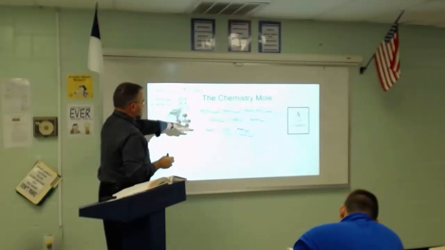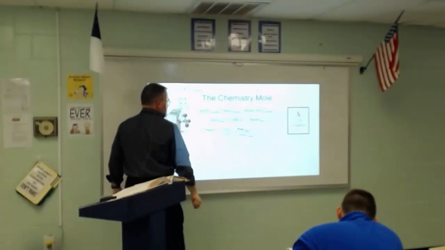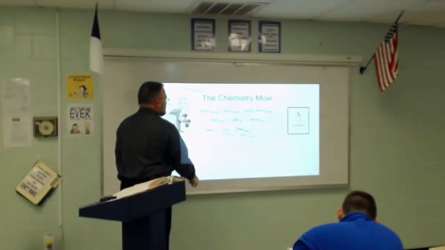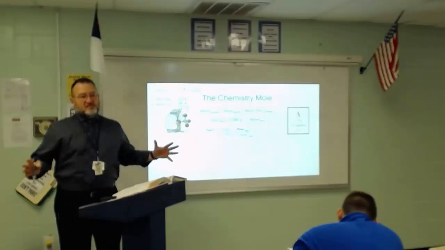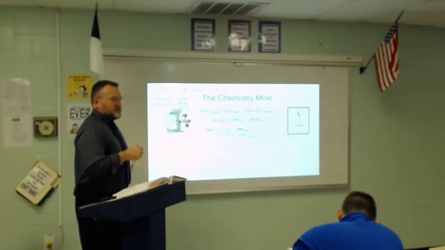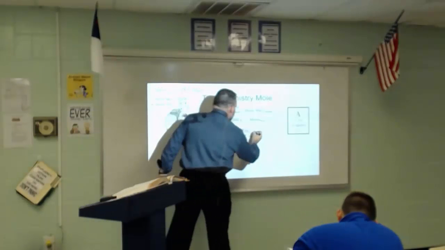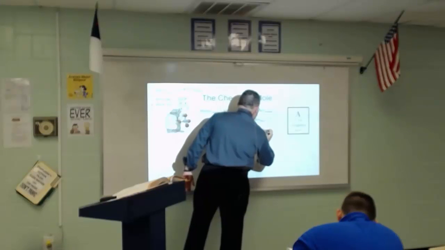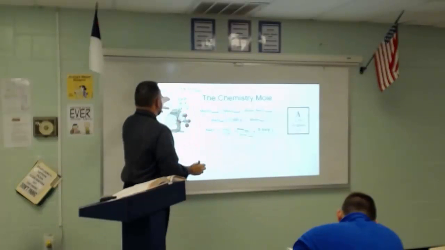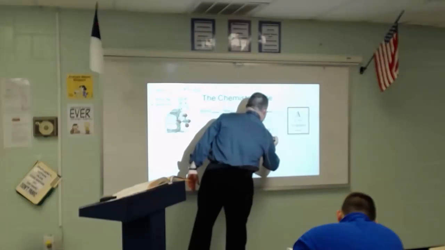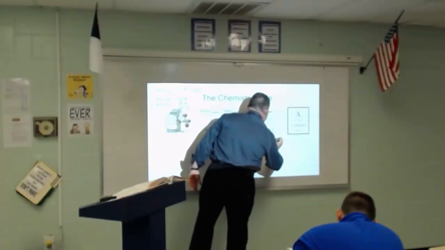So the number of moles is equal to the mass divided by the molar mass, which is the mass of the sodium chloride we have divided by the molar mass of sodium chloride. In all cases, sodium chloride has a molar mass of 58.5 grams. So let's do the math over here. Our mass of our sample of sodium chloride is 5.000 grams divided by the molar mass of sodium chloride, which is 58.5 grams per mole.